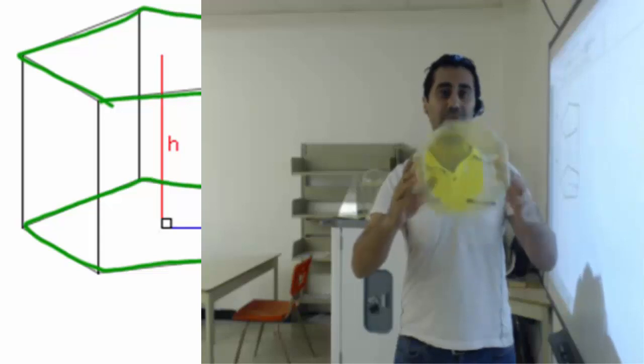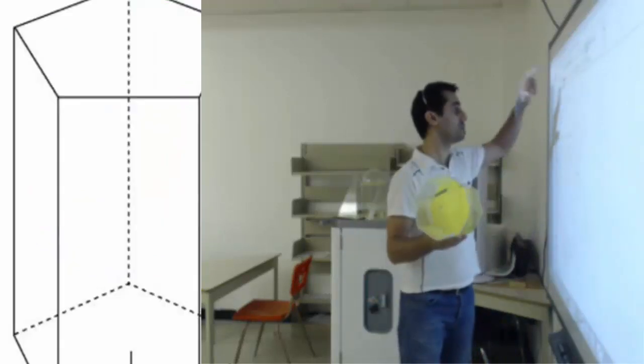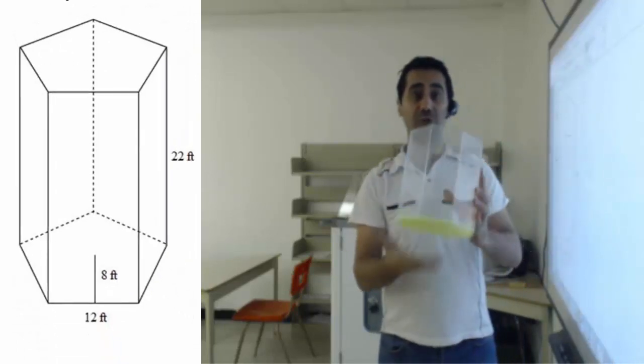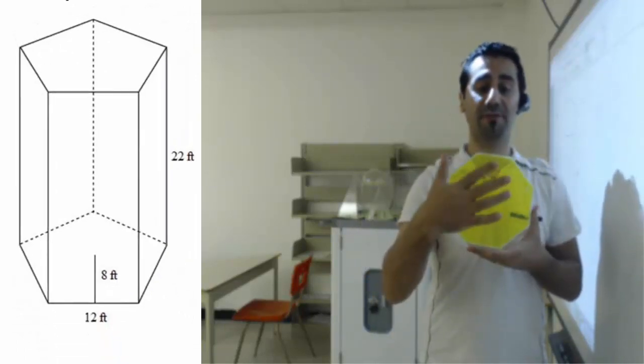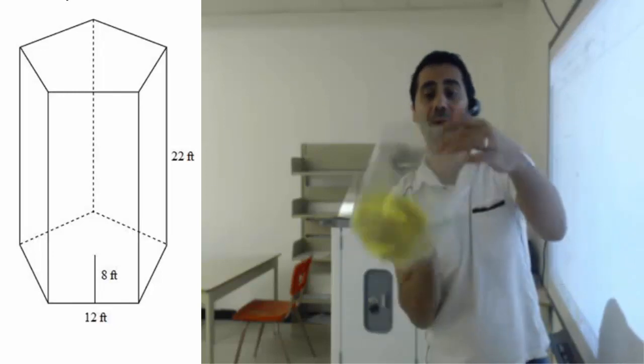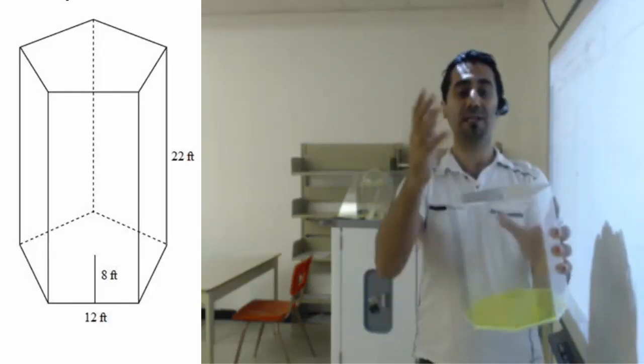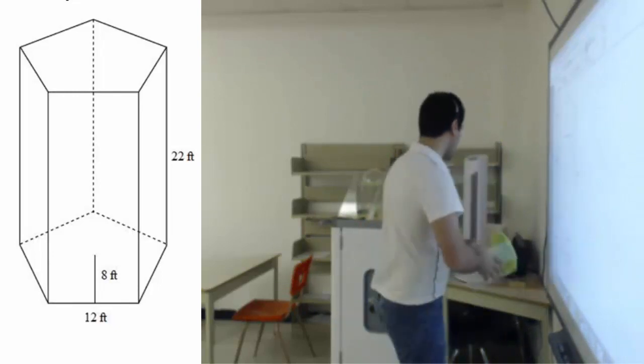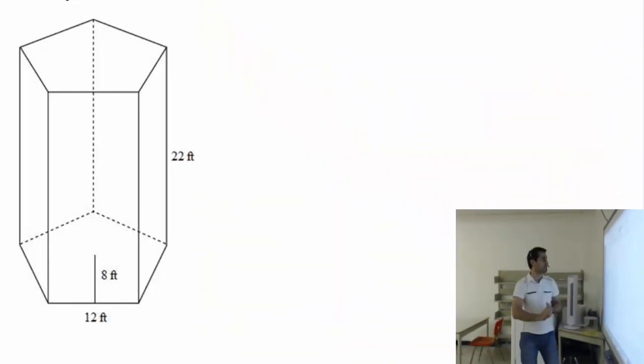This is a polygon trapezoid. That's why pretty soon I will do that as an example. But let me show you. Over here I have a polygon. On top I also have a polygon. Straight lines go up. This is a polygon prism. So let's do the example.